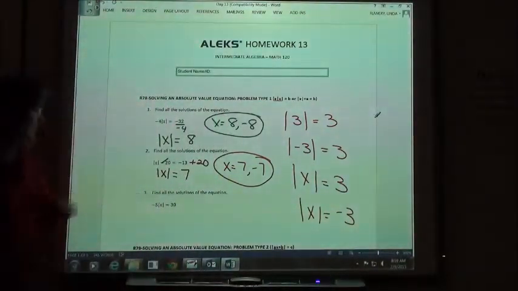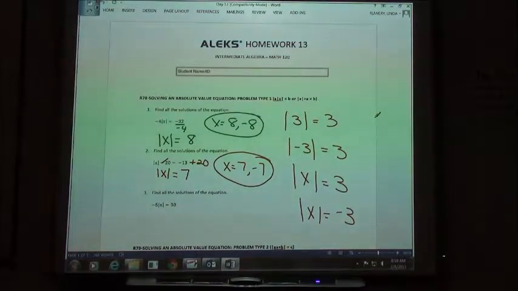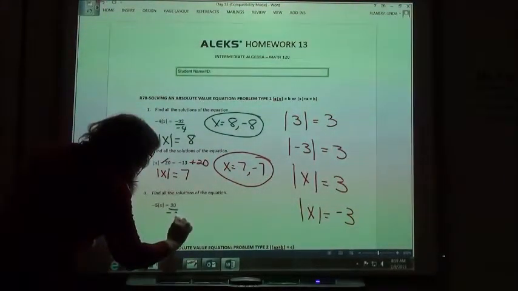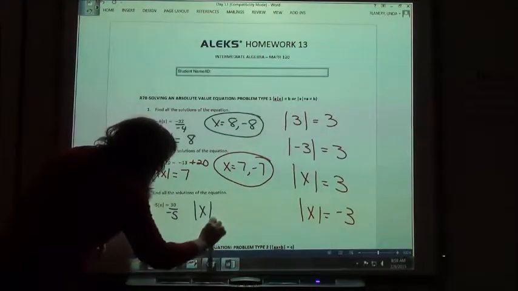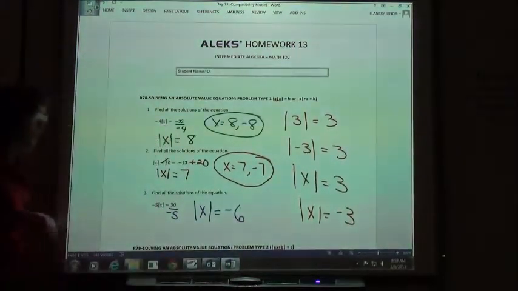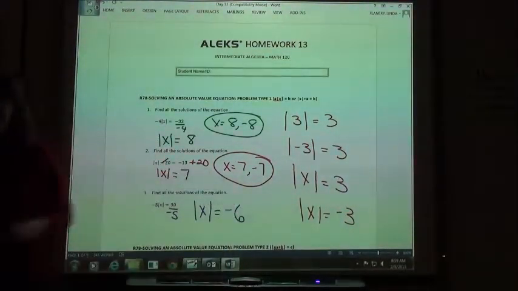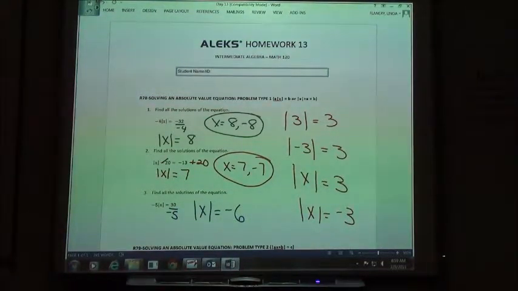On the third one, if I have -5 times the absolute value of x equals 30, in order to solve that for x, we would divide by that -5. So we'd have the absolute value of x equals -6. What numbers are -6 places from 0? Since it's a distance, we're going to say nope.